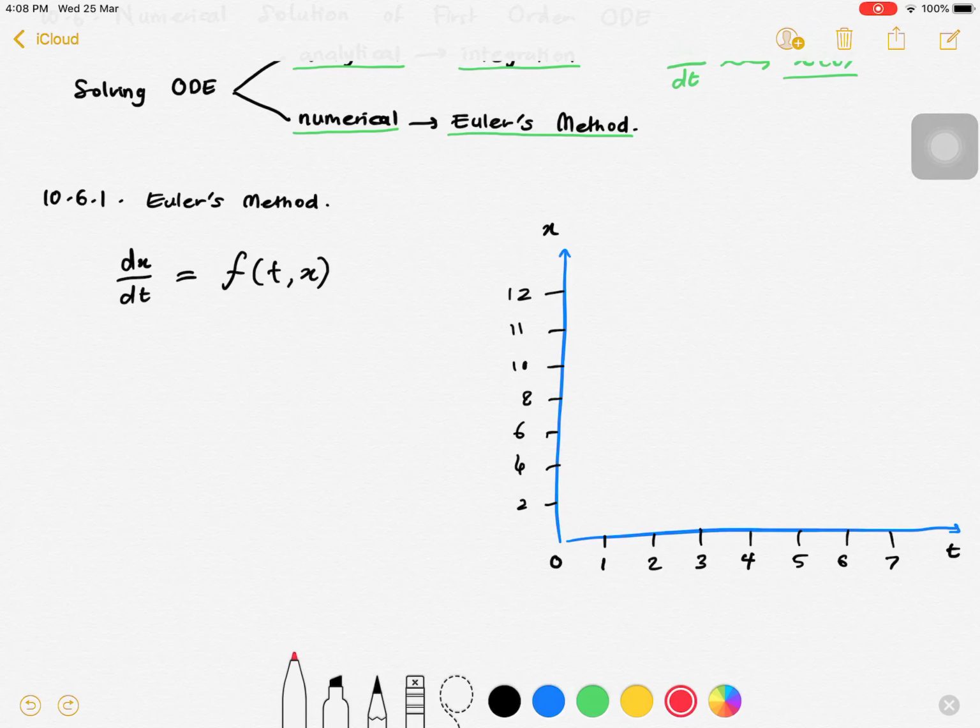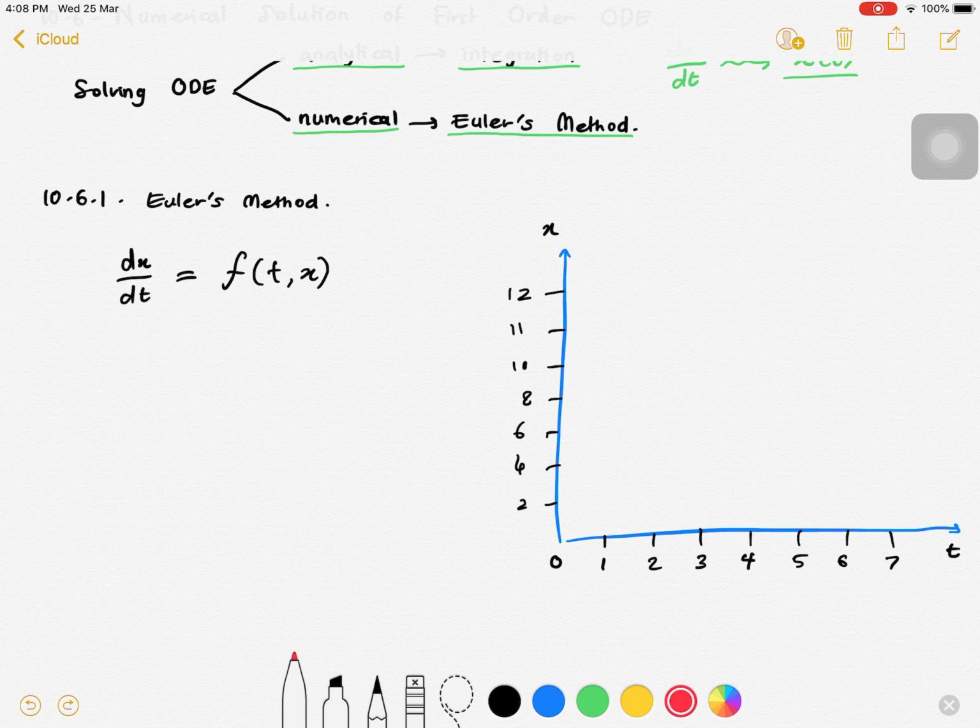Okay, if we want to do a numerical solution, we will include an iteration process where we need to have a time step, and this step is limited to the final step.